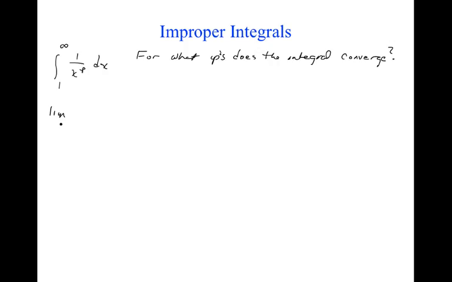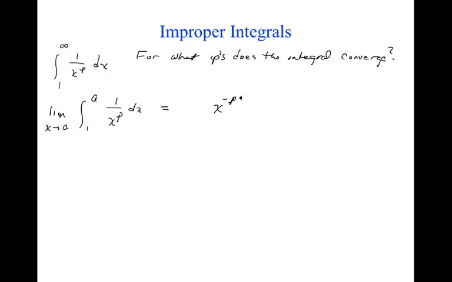So the limit as a goes to infinity of the integral from 1 to a of 1 over x to the p, dx. So how are we going to do this? This is x to the negative p, so it would be x to the negative p plus 1.